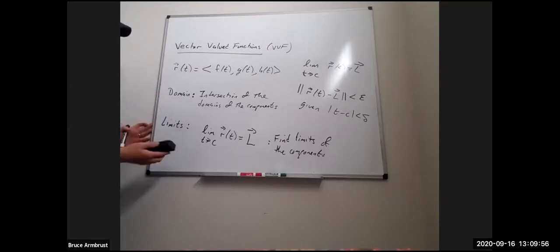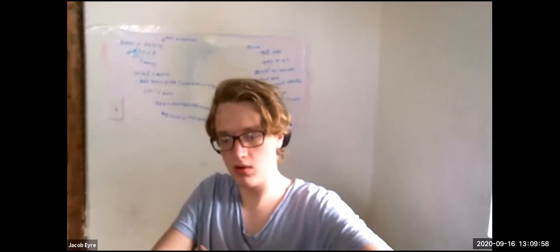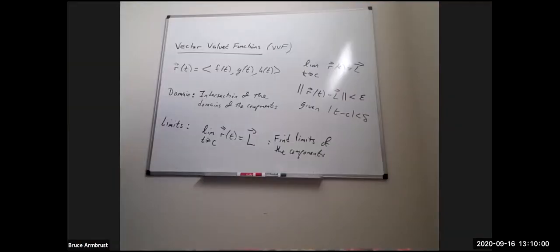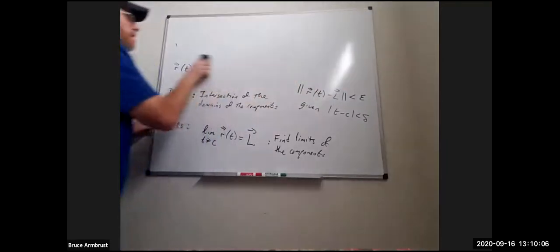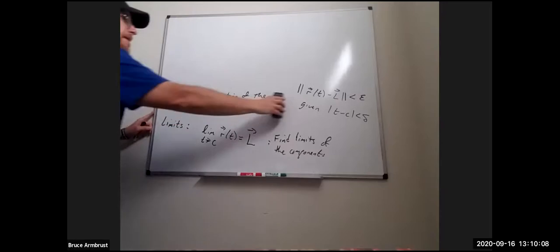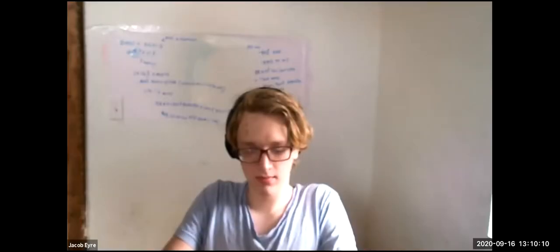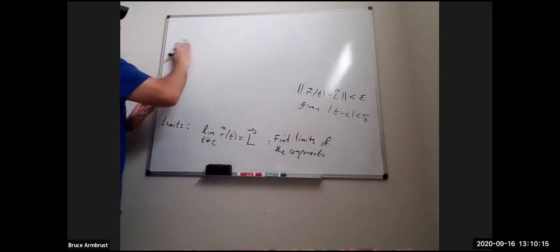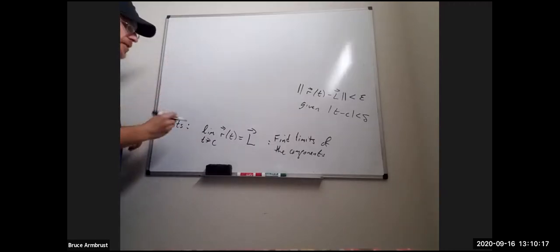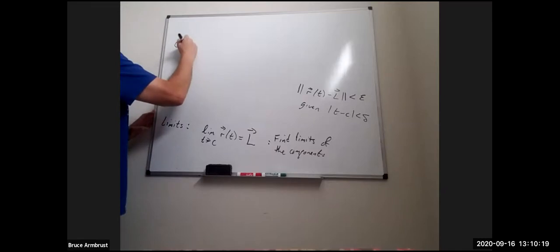Now, once we have limits, we can start turning our attention to things like continuity and derivatives and so on. So let's go to continuity of these guys. But I want to open up with, what do you remember about continuity of regular functions? What do you need for a function of just one variable, good old normal function, to be continuous?